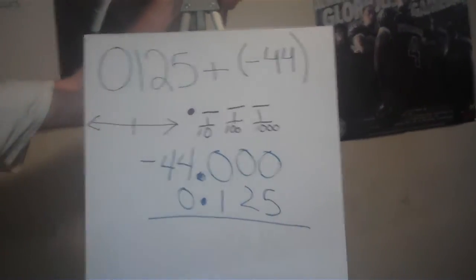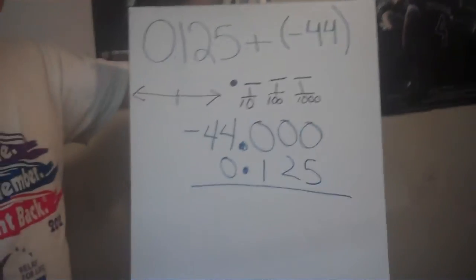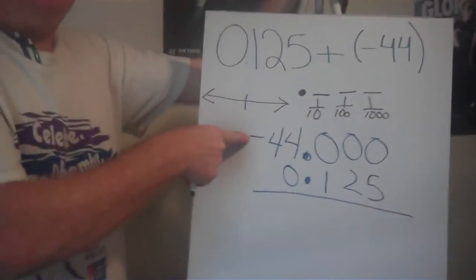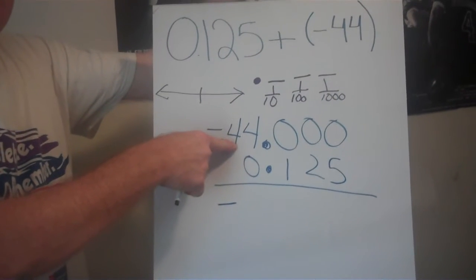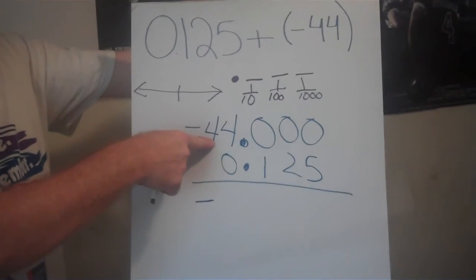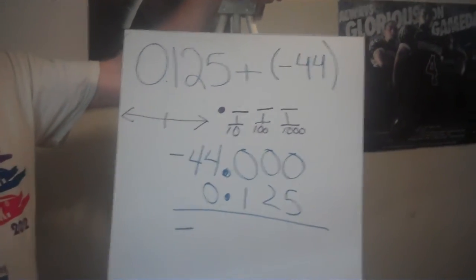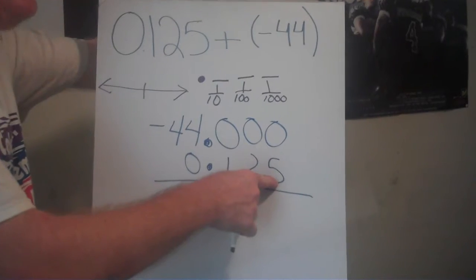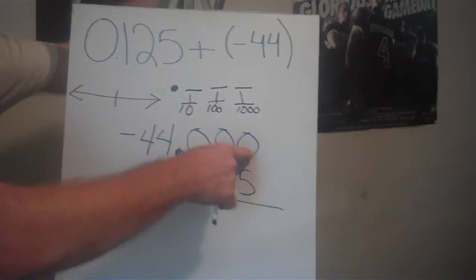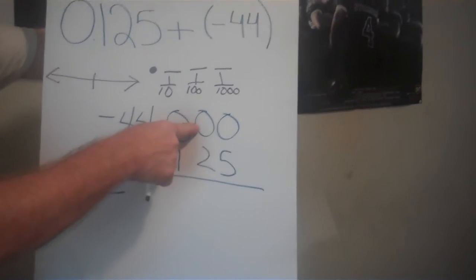And now since we're subtracting, we look at this number and we look at this number, and it's going to be a negative answer because the absolute value of the larger goes with the negative sign. So now we subtract just like we always do. We can't take 5 hamburgers from a bag that has 0 in it, so we need to go over and borrow.